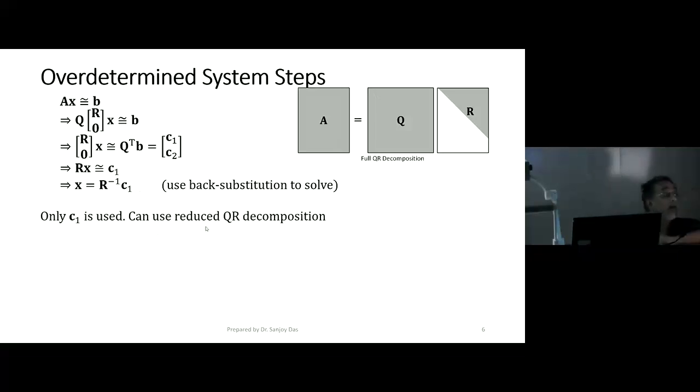Since C1 is the one that's being used, we can use reduced QR decomposition.